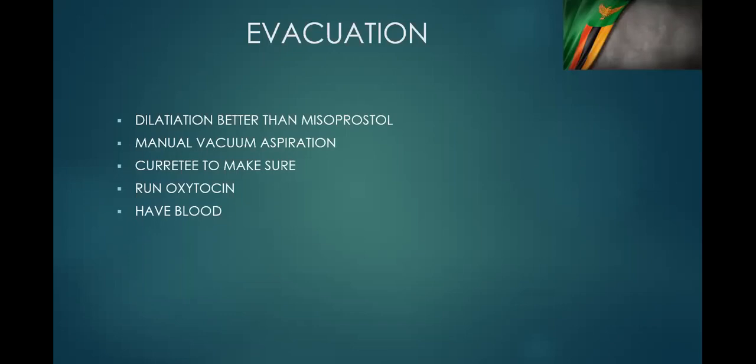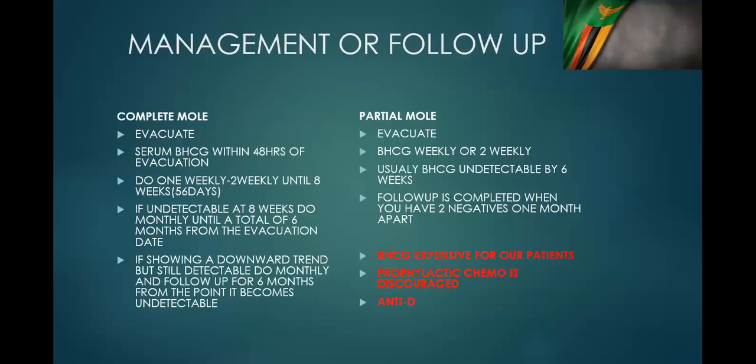Just run oxytocin after you have finished the evacuation. Unless there's a lot of bleeding, then you can run oxytocin as you evacuate the uterus. So that's about how we treat the hydatidiform mole. We evacuate the uterus, and then after that we do the follow-up.